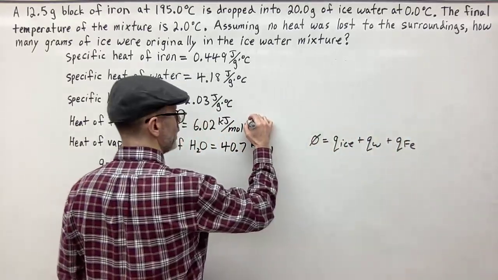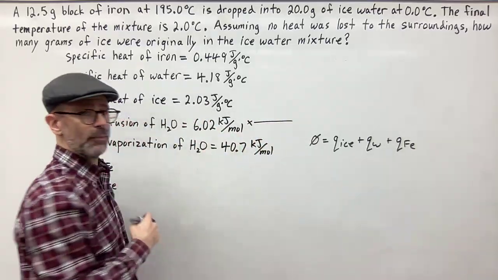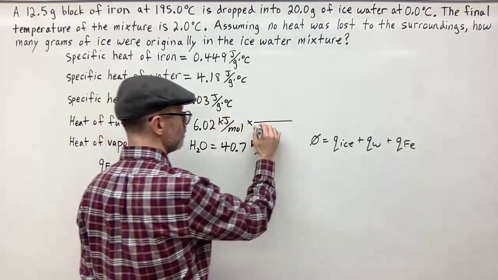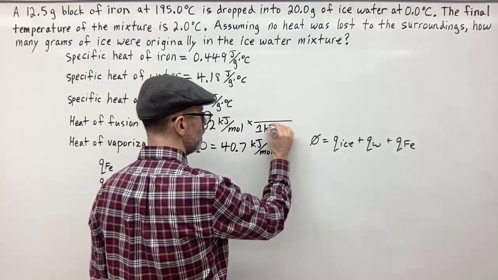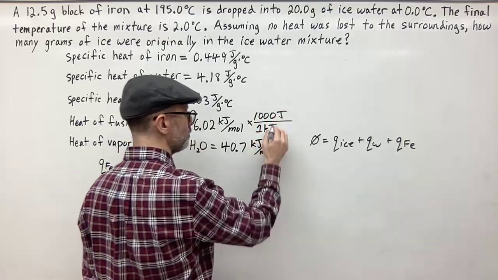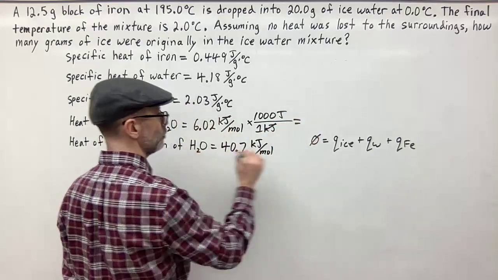So if I use my conversion factor, 1 kilojoule is equal to 1,000 joules. Kilojoules are on top, so I'm going to put 1 kilojoule on the bottom, 1,000 joules on top. Kilojoules are going to cancel out. So now I'm just multiplying by 1,000.